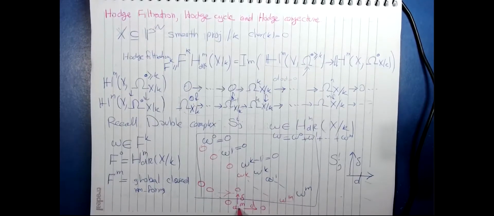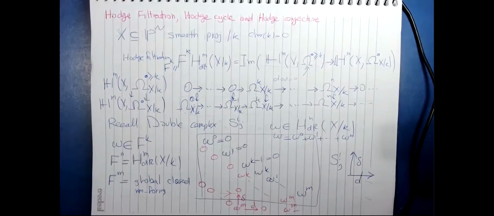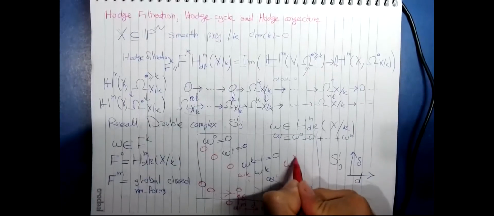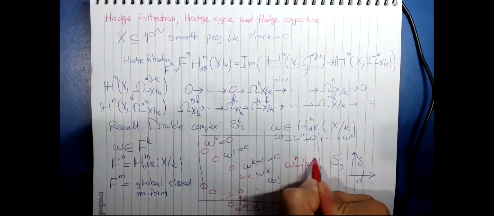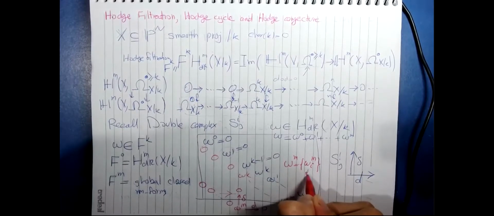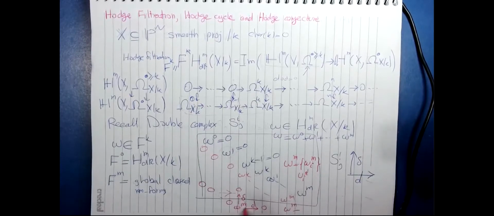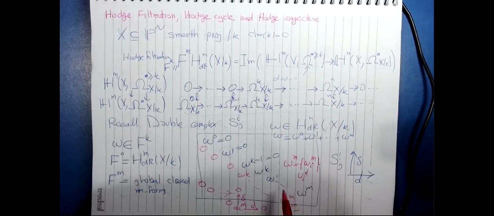What this means, remember that omega_m was a collection of differential m-forms defined in the chart open sets U_i. So delta of it equal to 0 means that the omega_m's glue to each other, they give a global differential form, and its d is equal to 0, so it is a closed form.